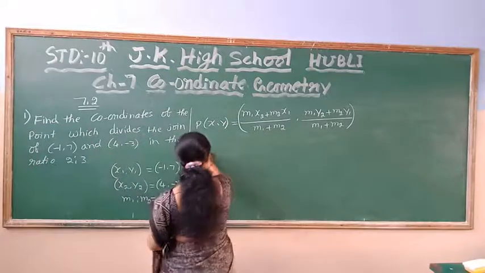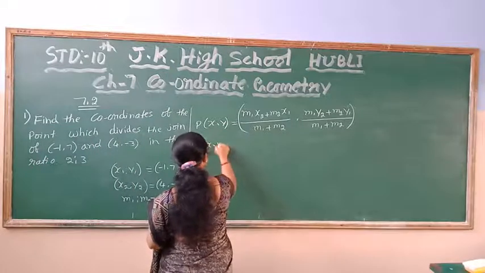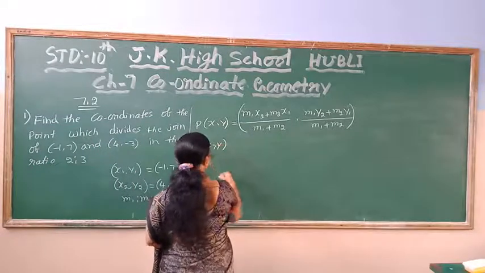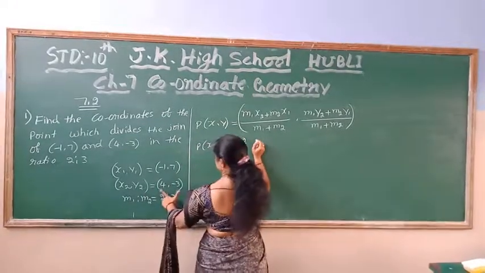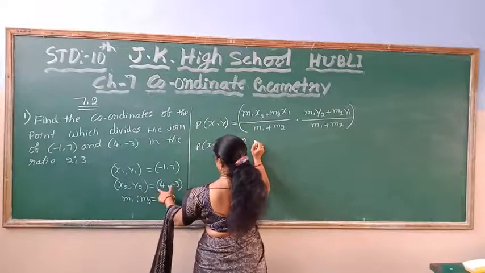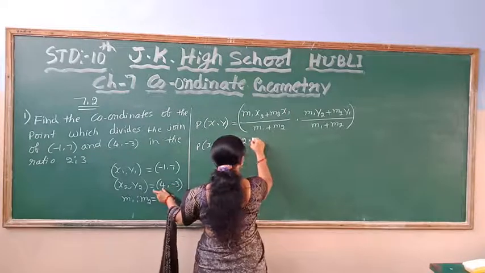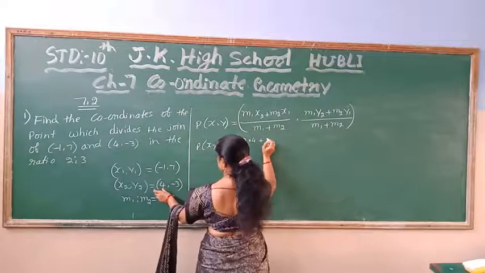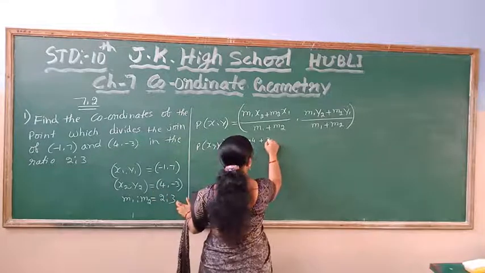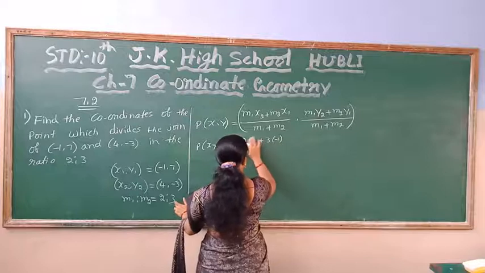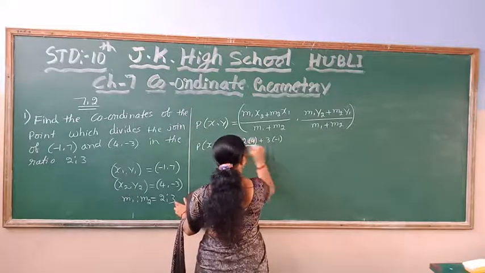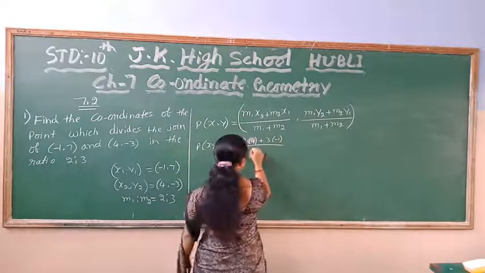So P of x, y is equal to m1 means 2, x2 means 4, plus m2 is 3, x1 is -1. You can write it in this way also, no problem. m1 plus m2 is 2 plus 3.